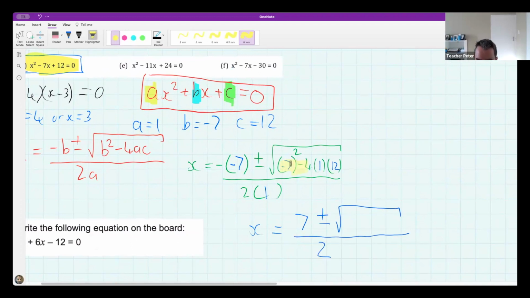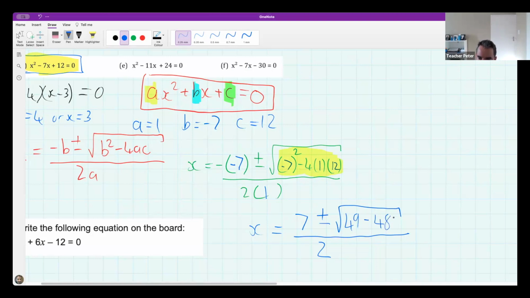Can you guys help me work out what is the value of the thing inside the square root bracket? Let me know in the chat what you think it is. If I follow the logic, that should be 49, and this should be -4 times 1 times 12.